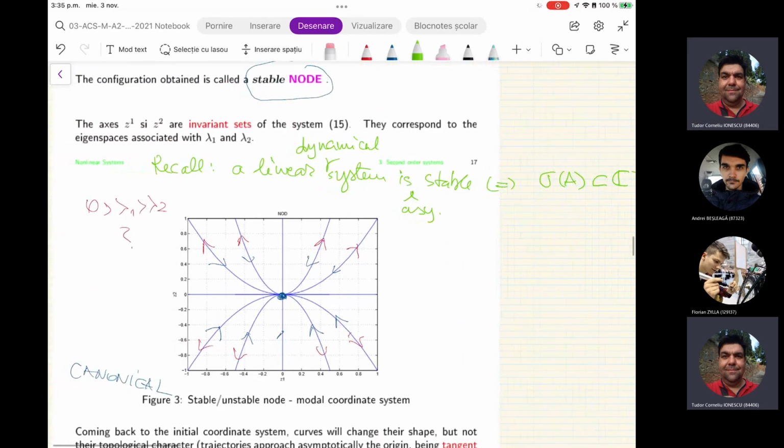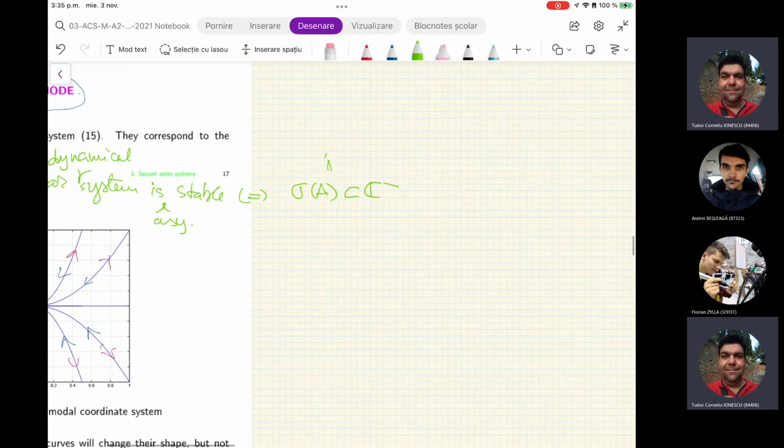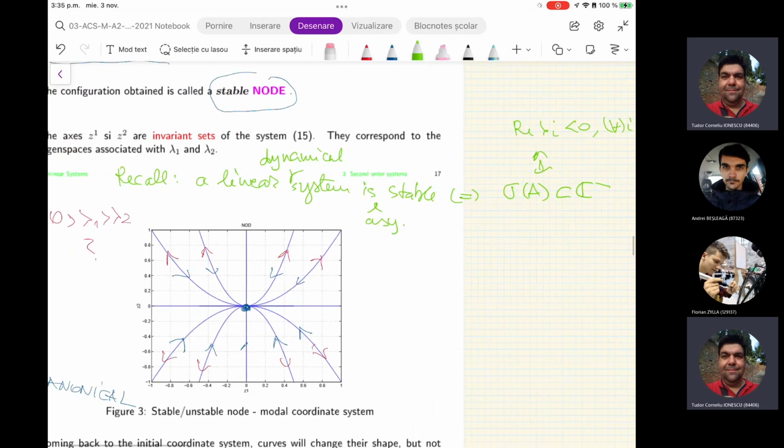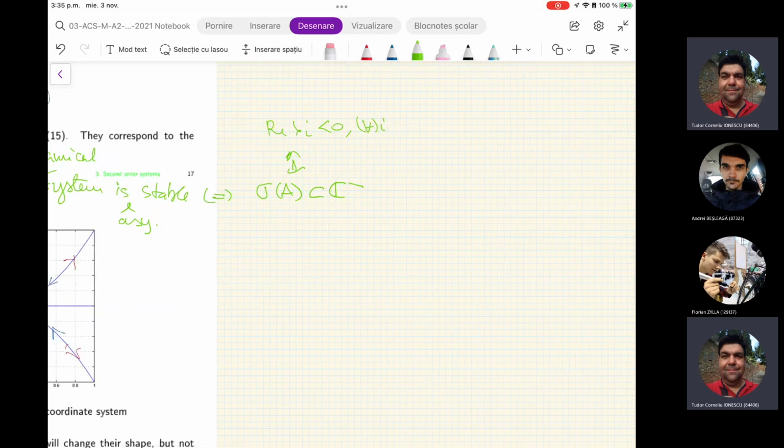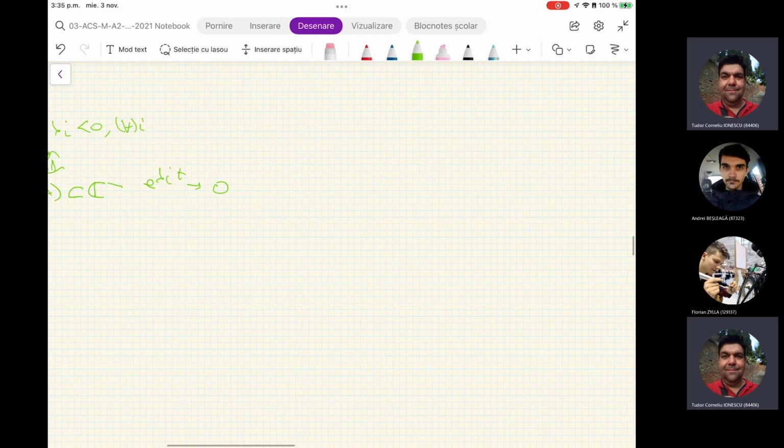This is equivalent to saying that the real part of the eigenvalues is negative for all eigenvalues. Now, if it's unstable, then the real part of the eigenvalue, so in this case it's real, is positive, then the system is unstable. It's very easy because e to the lambda i t is 0 when t, no, let's say it like this.